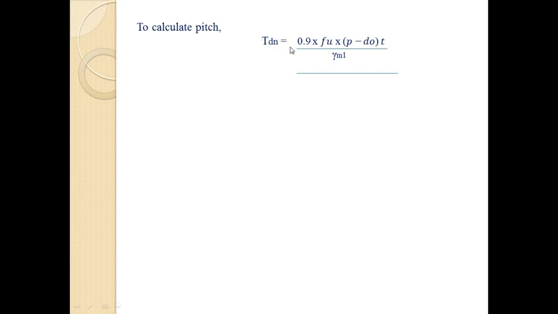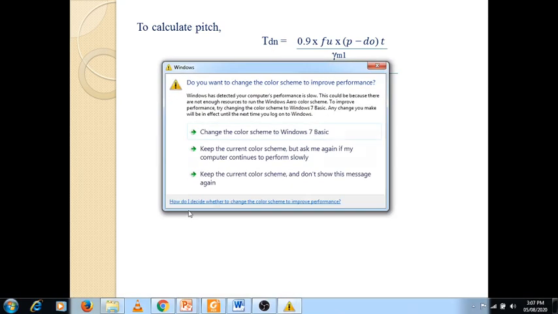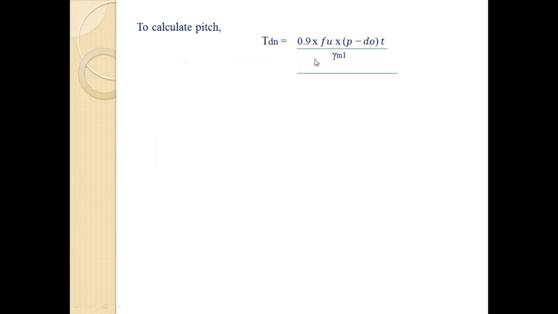Here Tdn is equal to the value of single shear strength for calculating pitch. So we put all values in the formula and calculate the pitch. Pitch is equal to 22.7 mm.